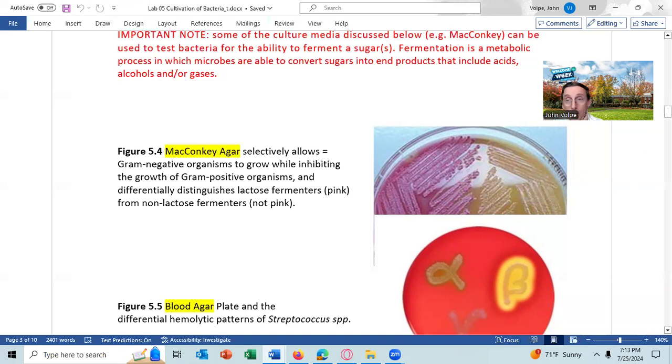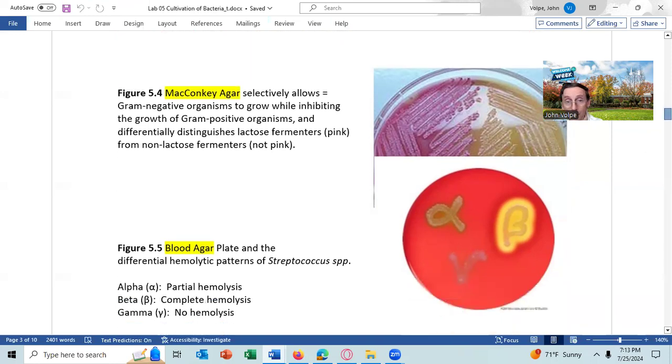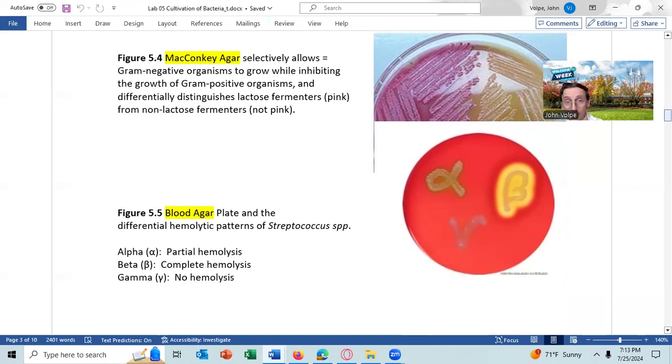All right. Blood agar is an enriched media, as I mentioned, allowing you to grow fastidious organisms. On blood agar, it is also differential in that you can look at the hemolytic activity of the bacteria. You can have three different hemolytic activities of bacteria.